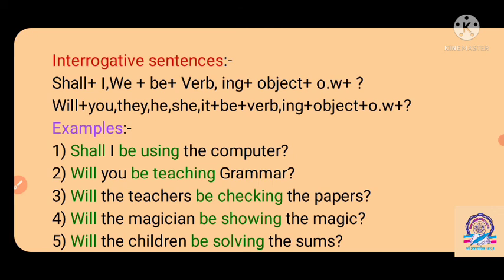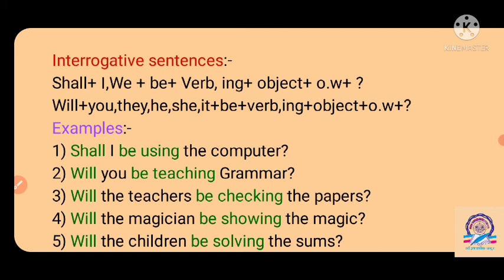If the subject is you, they, he, she, it, a singular subject or plural subject, then at that time we have to use will, then be, then verb ing, and last we have to keep the full stop for making a positive sentence.